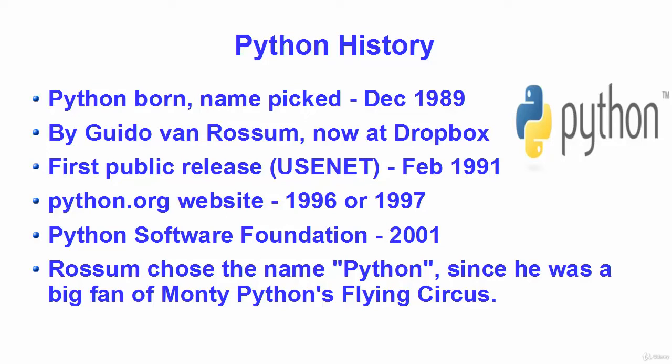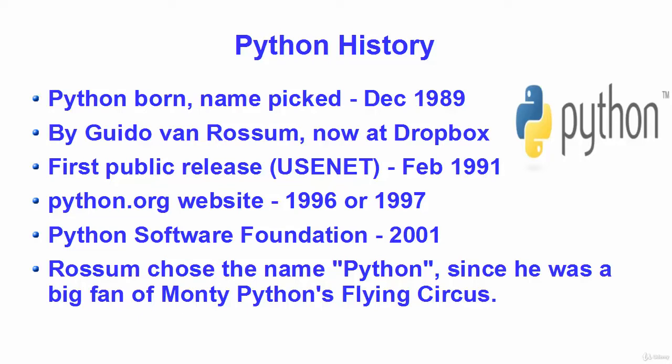Python was first publicly released in February 1991. And python.org, which is the official website of Python, was released in the time period between 1996 and 1997. In the year 2001, the Python Software Foundation was created and Van Rossum remained the principal author of Python.